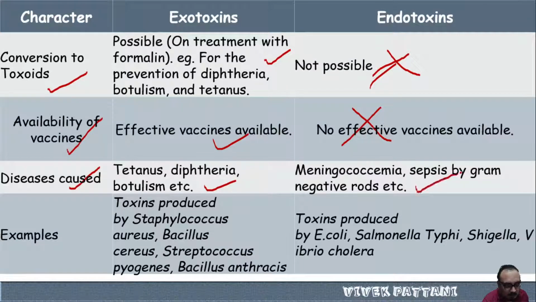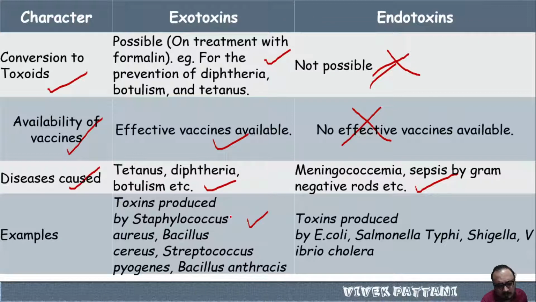The diseases caused by exotoxins include tetanus, diphtheria, botulism, etc. And endotoxins cause meningococcemia, sepsis by gram-negative rods or various other bacteria, etc. Examples of bacteria which produce exotoxins are Staphylococcus aureus, Bacillus cereus, Streptococcus pyogenes, Bacillus anthracis.